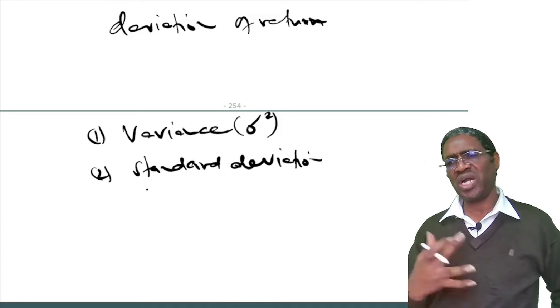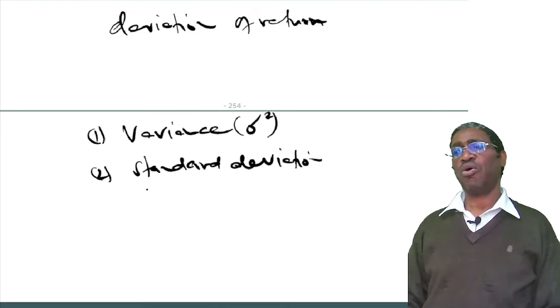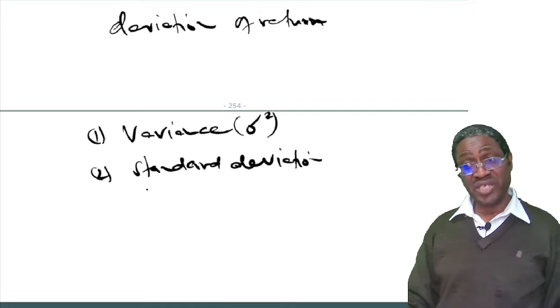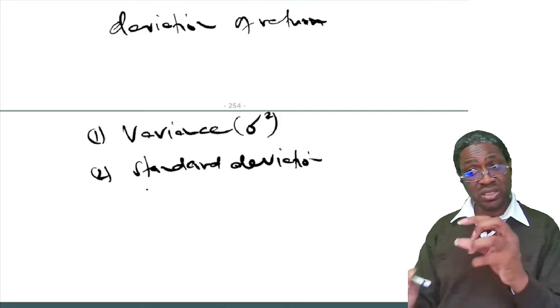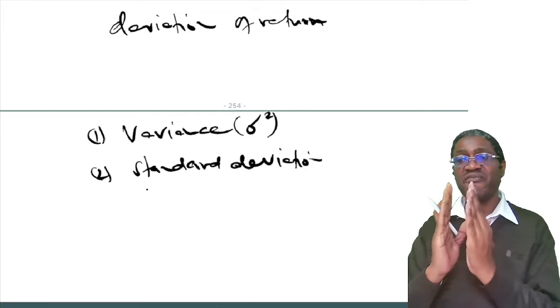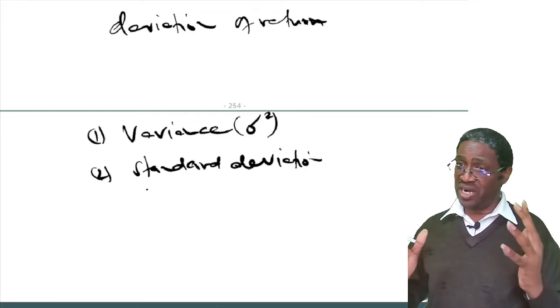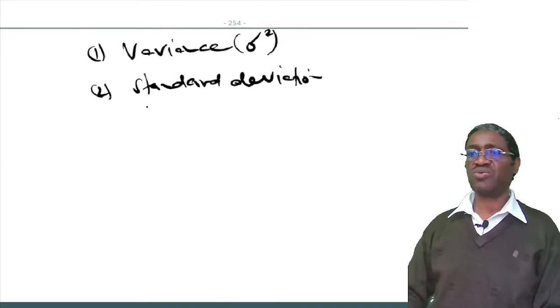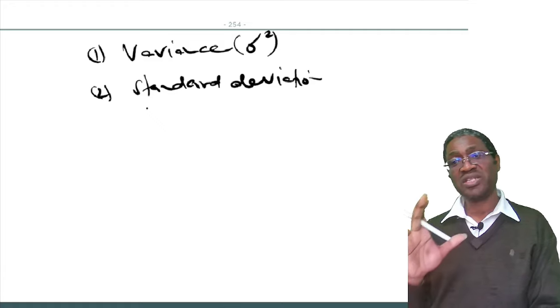But how do we calculate the variance of an investment? We have said variance means how it varies. The returns, how do they vary from the mean? That is the variance or the deviation. Okay? One measure of risk is to calculate the variance.